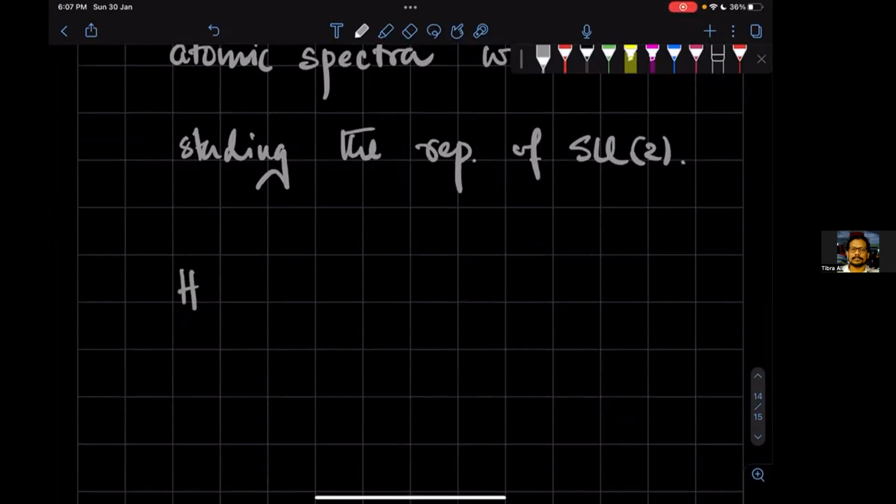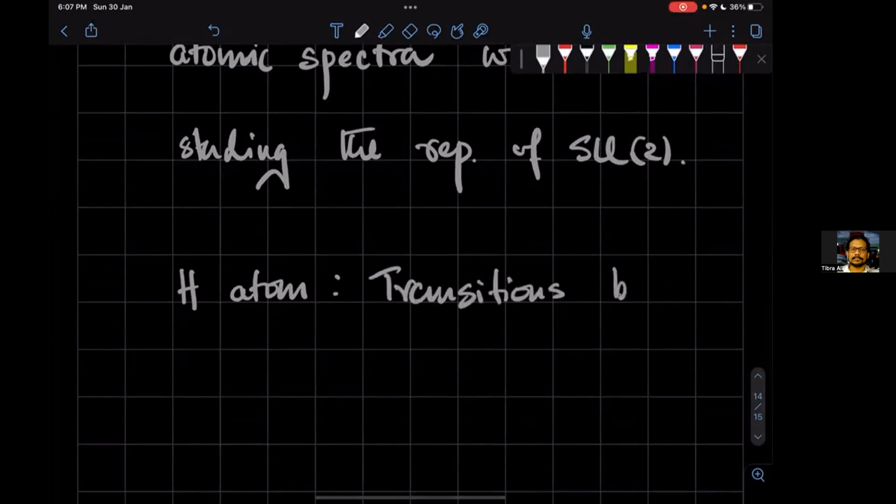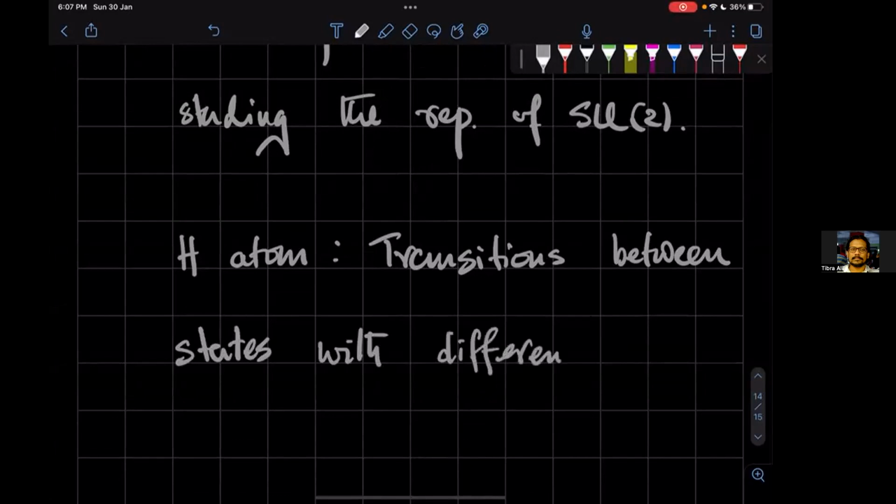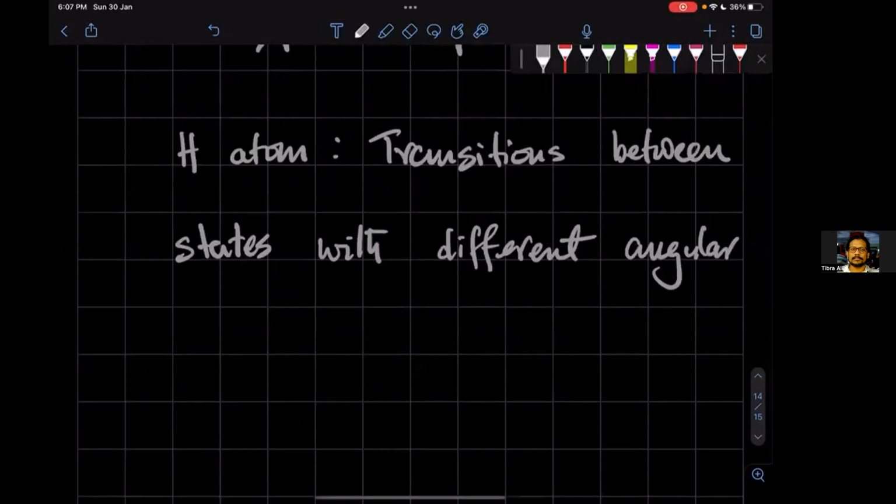Say the hydrogen atom or some other atom, or a molecule, there will be transitions between states with different angular momentum.